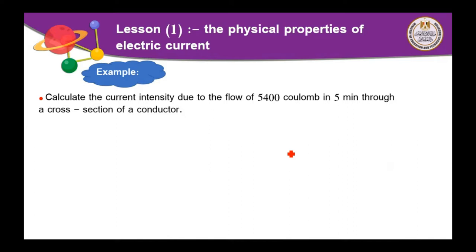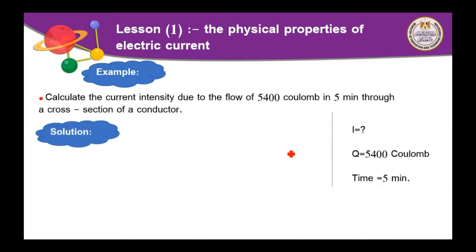First, we must write the given information. What is the given in the problem? Calculate the electric current intensity. This means that electric current intensity is unknown. We must find it.